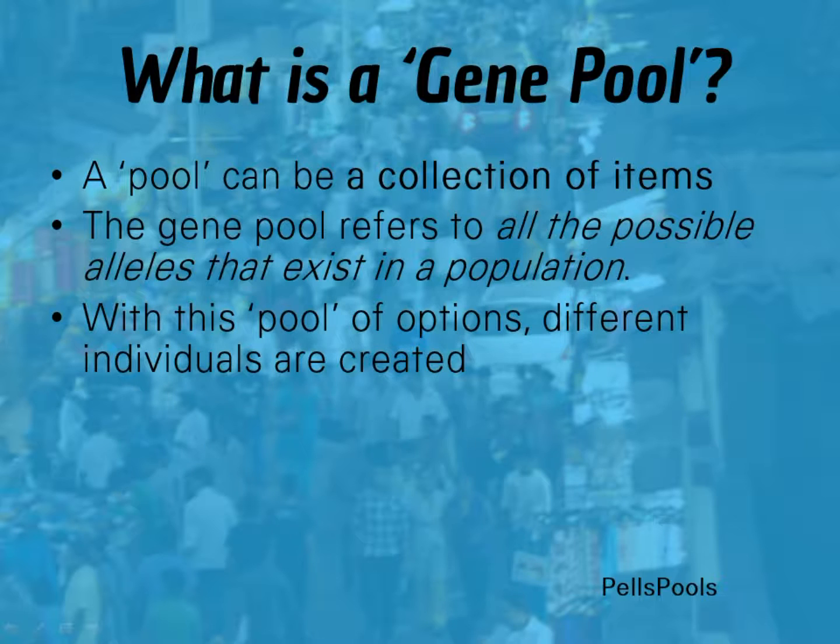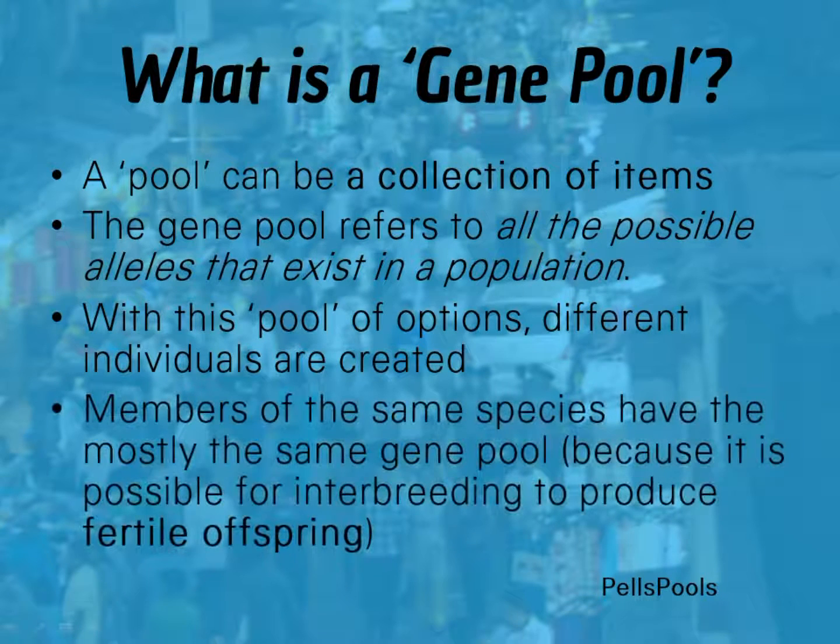So with this pool of options, different individuals can be created, and these are mixed in the ways that we've discussed when a mother and a father organism, or maybe just one organism reproducing asexually, manages to create a new generation.